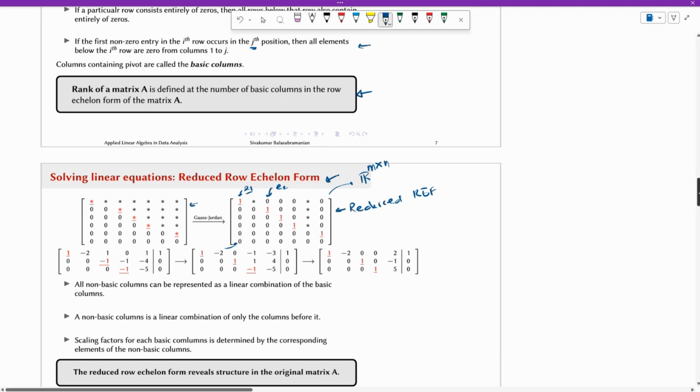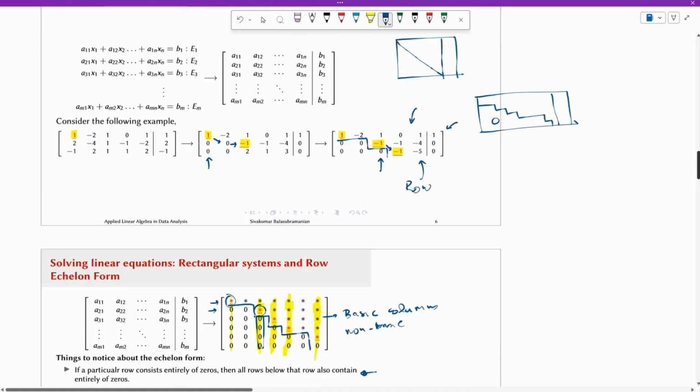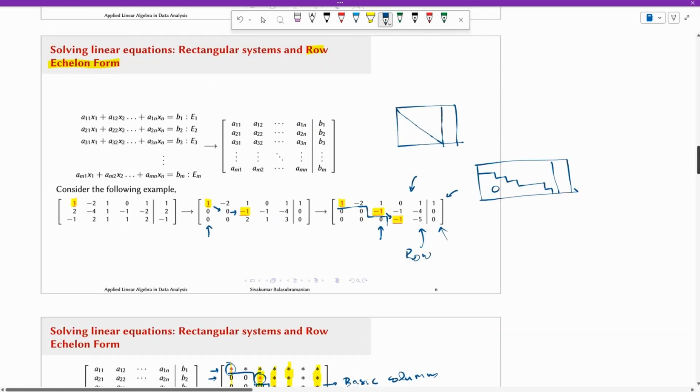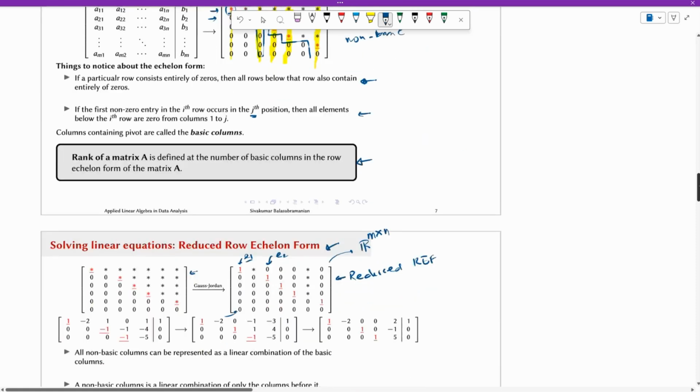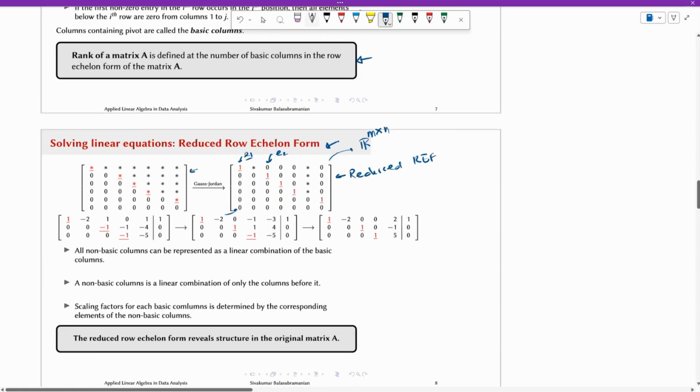Now, in the matrix that we saw earlier, this one, let's try and get this to the reduced row echelon form. Okay. So we started with this. That is the row echelon form. I've done it in a different order here, but you choose the last pivot, convert this to 1.